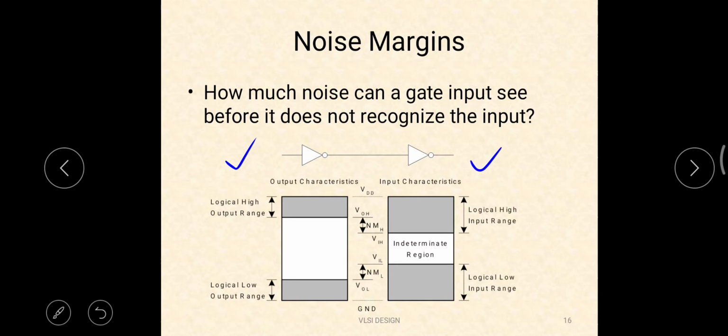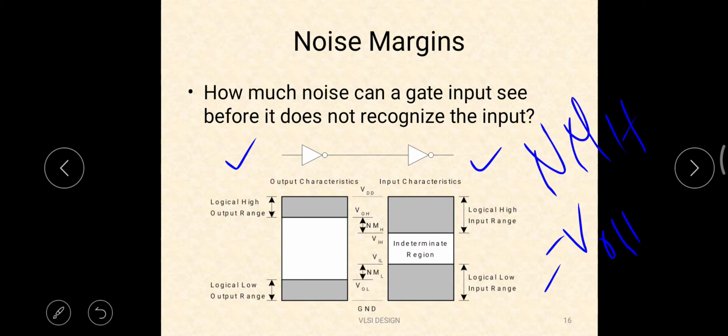The noise margin high is expressed as output high voltage minus input high voltage. NMH is equal to VOH minus VIH. In the case of noise margin low, it is the difference between VIL and VOL, where VIL represents input low voltage and VOL is output low voltage.